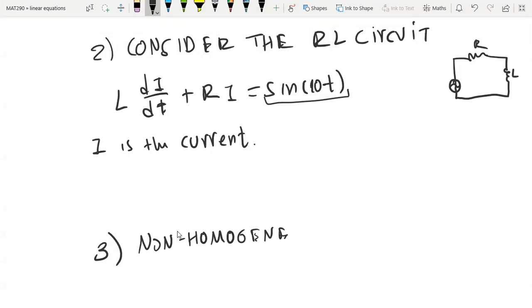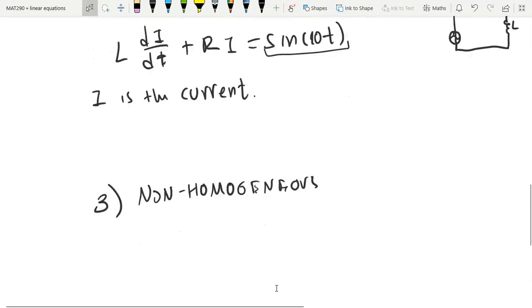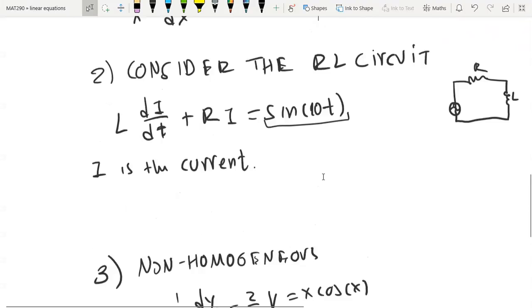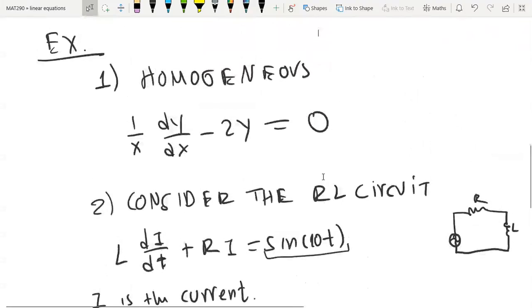This is the forcing, x squared cosine x.